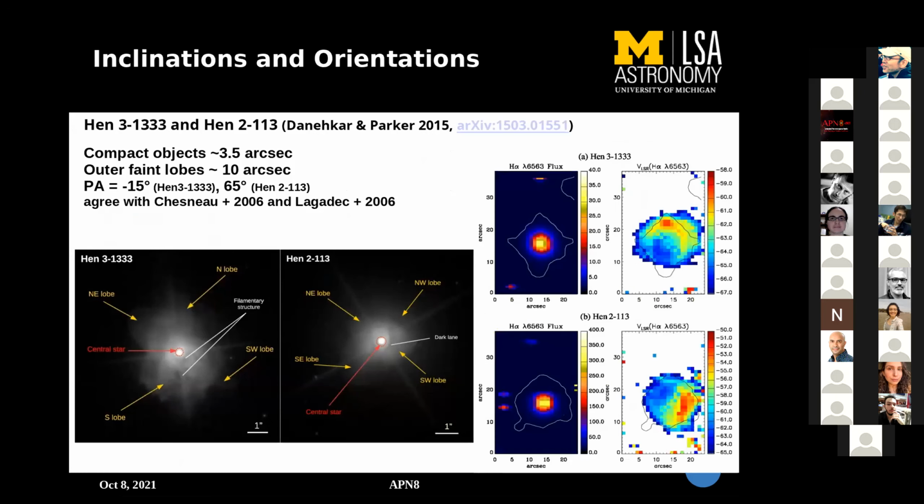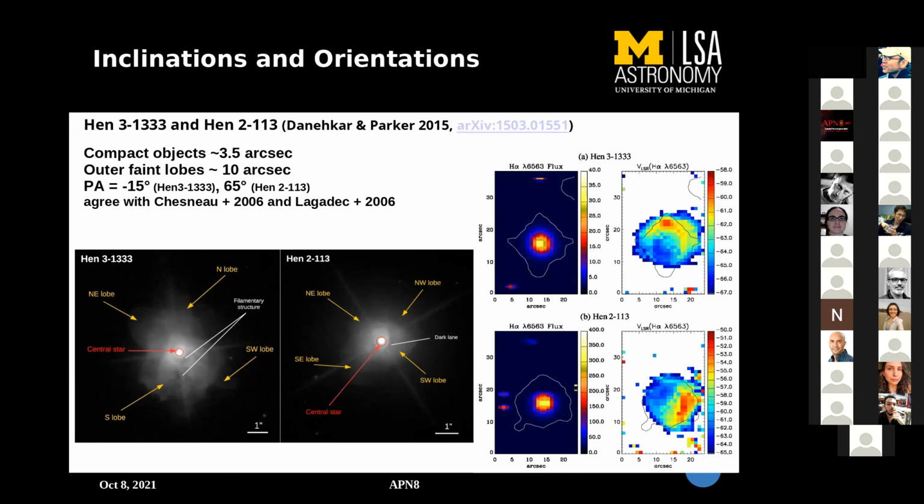Another thing is these two compact objects, and we use the IFU observation to resolve these very compact objects. This compact object is 2.5 arcsec in size, which is not very good given the 2 arcsec seeing resolution of WiFeS, but using the extended halo and outer loops of this nebula, we can resolve its orientation.